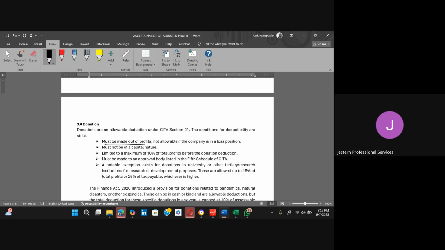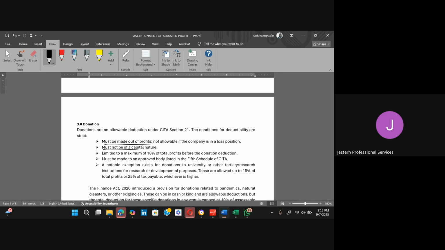Number one, a company that wants to donate must make that donation out of profit, which means a company must not be in a loss position and still want to give a donation. If such a company provides a donation and is in a loss position, that donation will be disallowed.